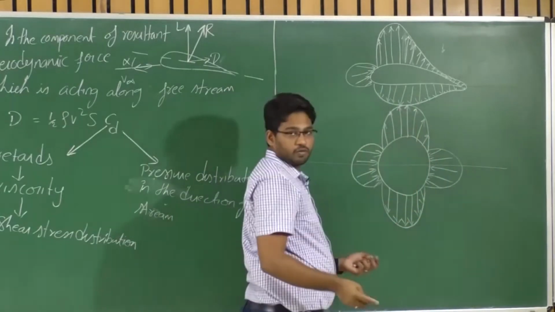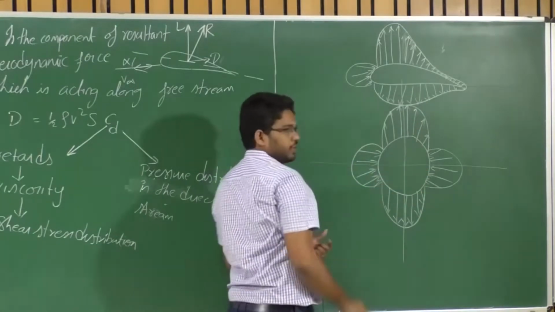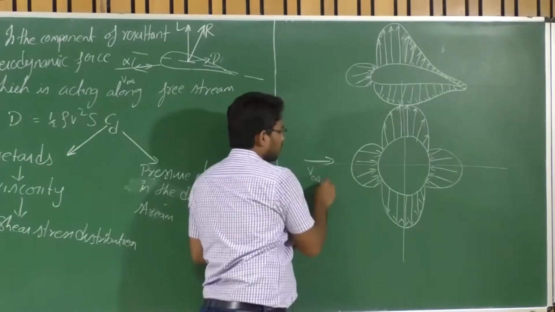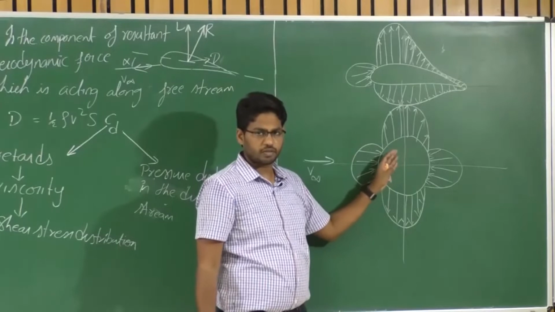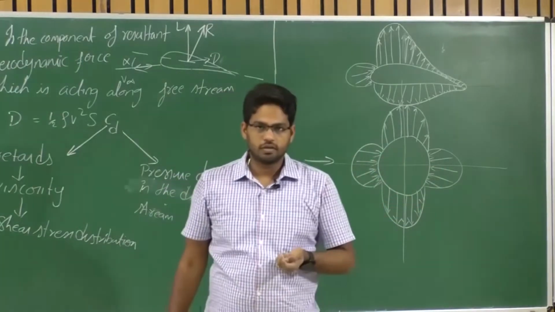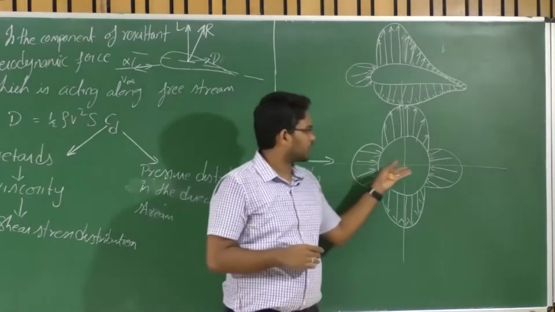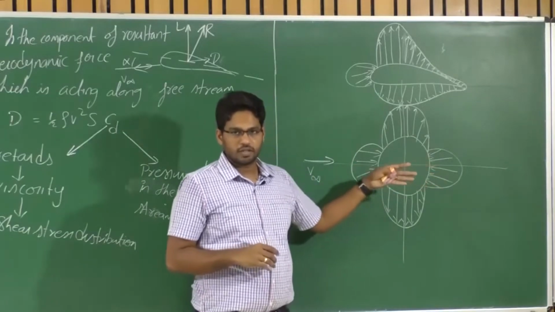So the distribution on top and bottom is the same, right? In case of ideal flow theory, on left and right, in the direction of flow, the distribution of pressure is also symmetric about this object, along the free stream. So this will not create any drag on the object, right? But intuitively we all know that when there is an object in flow, there is certain drag.